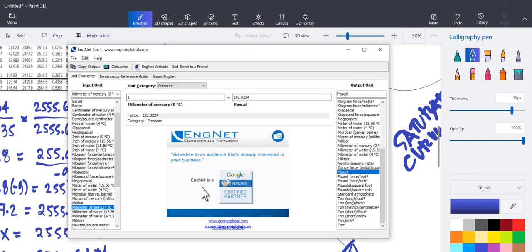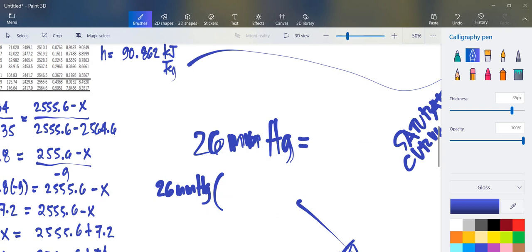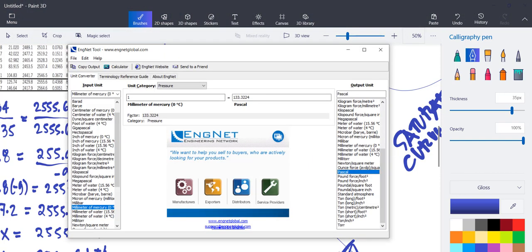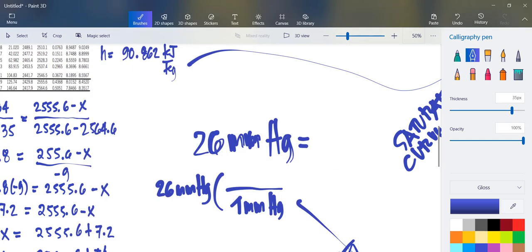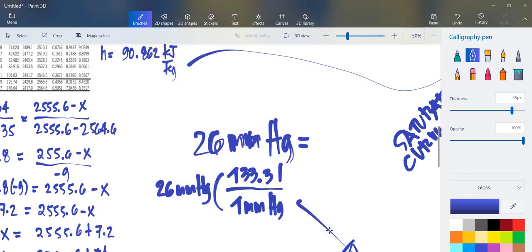That will be 1 mm of Hg is equivalent to 133.3 Pascal, no? Okay, correct? Okay. So this is now the Pascal.